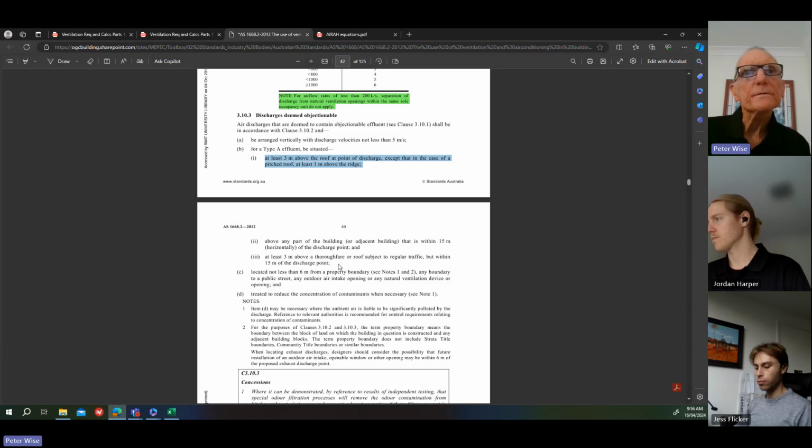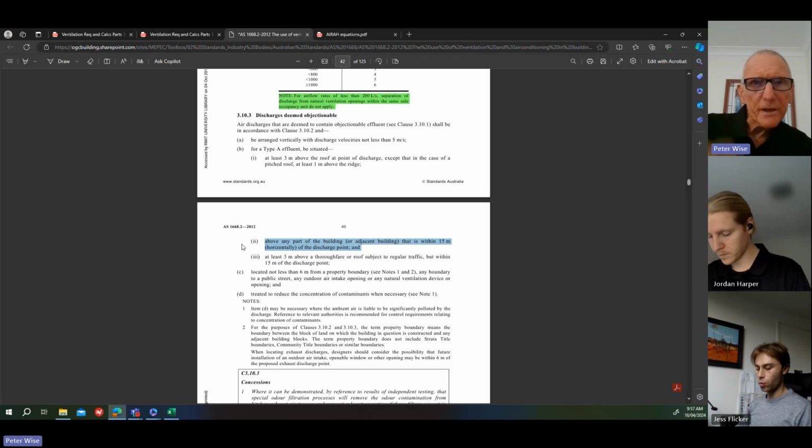Now, okay, so next one. The discharge has to be above any part of the building or an adjacent building that is within 15 metres horizontally of the discharge point. So let's say you just take one building, a laboratory.